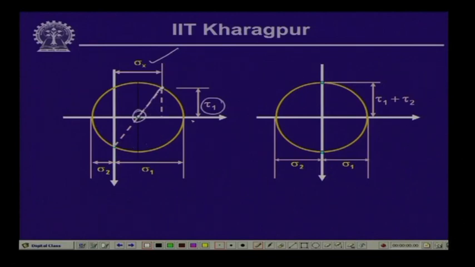If you plot the circle, you get the corresponding Mohr circle of stress, and the maximum value of the sigma on this circle is this, which we call sigma 1, the maximum normal stress, and this particular point gives us the minimum normal stress, and the maximum value of the shearing stress at that point will be equal to the radius, which is tau max.